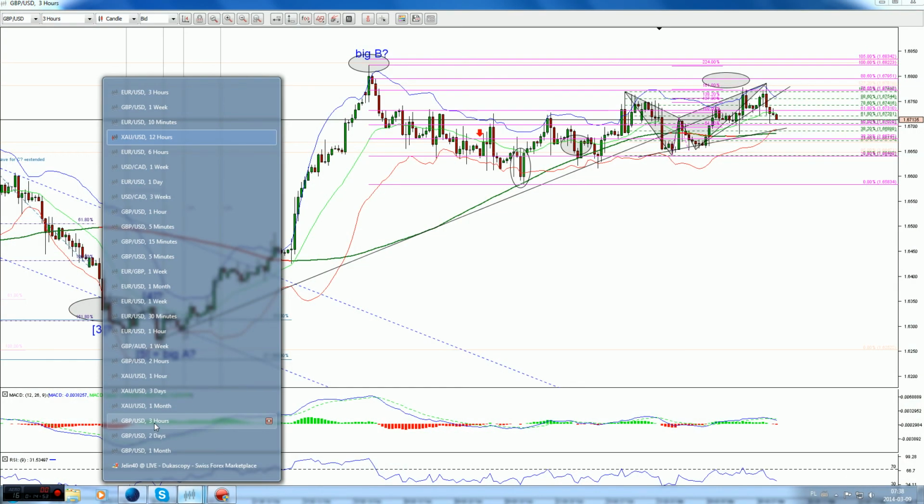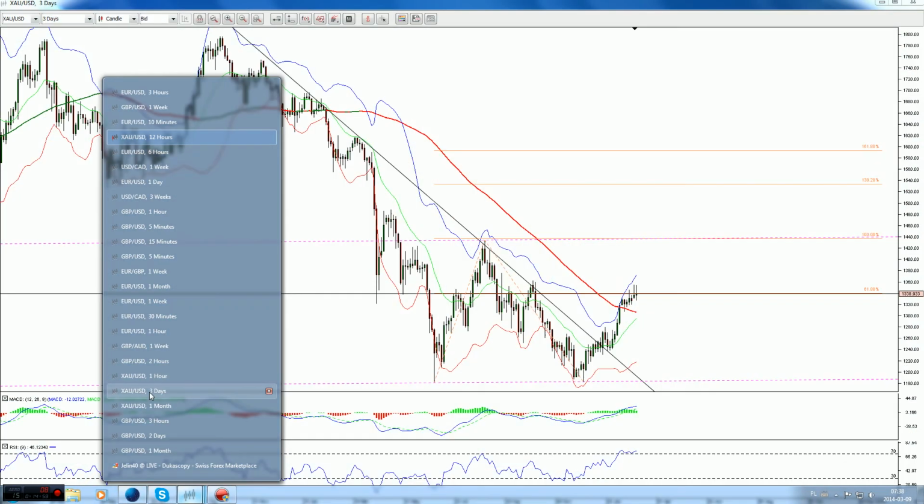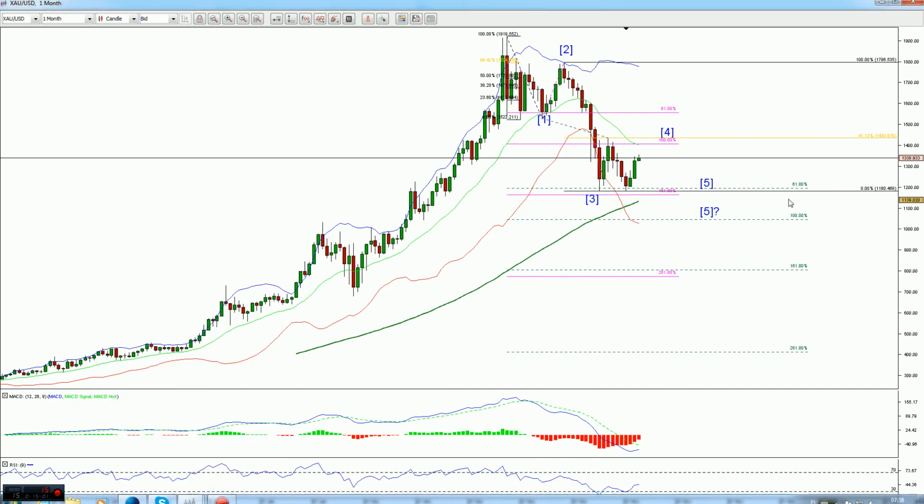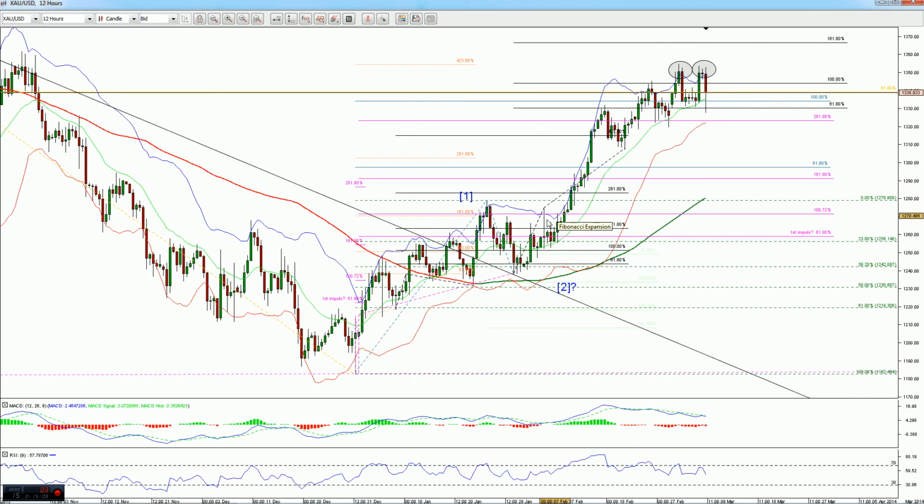Let me show you the weekly chart. 1 second. Yeah, that's the monthly. Yeah, asking myself whether we had an A, B, and this is a part of a fourth corrective wave as a C. Okay, so this movement should be a 5 waves movement.